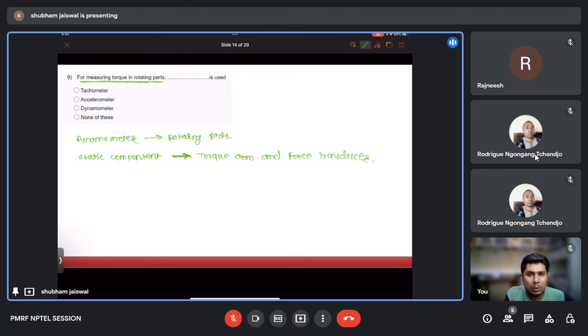Similarly, we use a tachometer for measurement of speed. Similarly, an accelerometer is used for measurement of acceleration. So the correct answer will be the dynamometer.